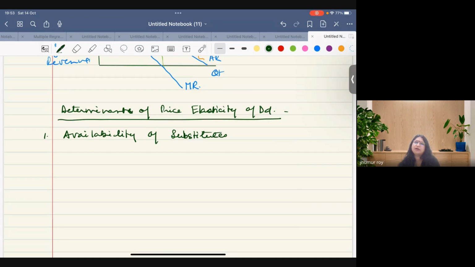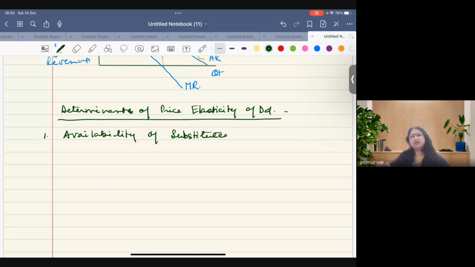But if you think of a good like salt, you will say that it is inelastic. There is no substitute for salt. In food you need a little salt, so the elasticity for salt will always be inelastic.